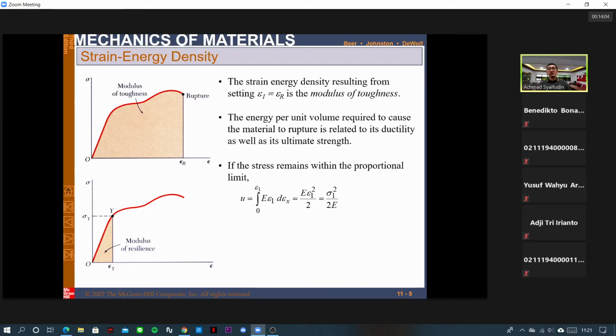But if we want only the area under the elastic region, we call this the modulus of resilience. So there are two types of modulus: the modulus of resilience, only for the elastic area, and the total modulus from the elastic to the plastic area, which we call the modulus of toughness.